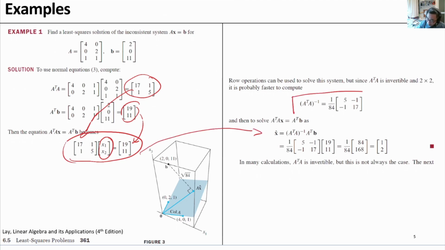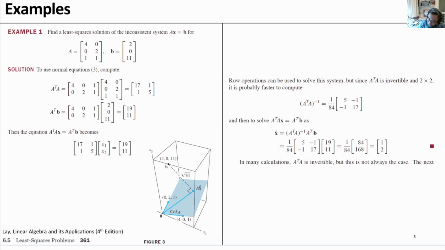First we have to find A transpose A inverse, and because this is a 2 by 2 matrix, we can use the famous formula for the inverse of a 2 by 2 matrix. We can plug all this in, and we solve for x hat. First entry is 1, second entry is 2.